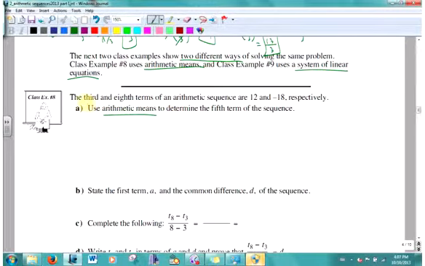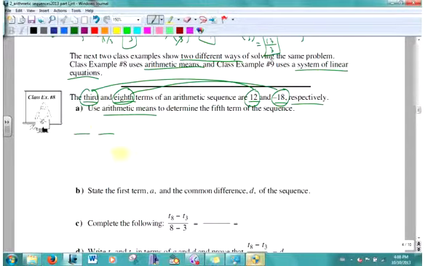What do I know? I know the third term is 12. That's what this says, okay? The 8th term is minus 18. Respectively means the first one goes with the first one and the second one goes with the second one. Alright? So, this is arithmetic means.